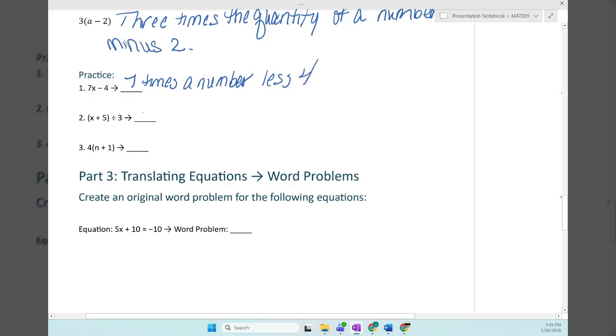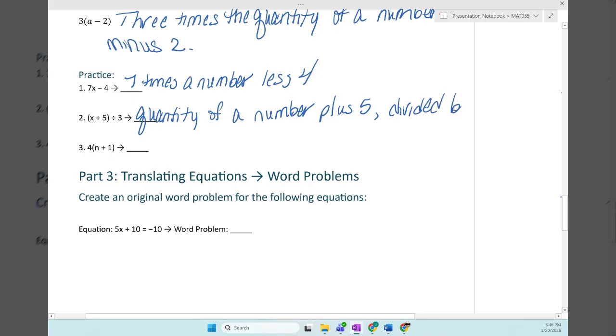Maybe I would say this one, the quantity of a number plus 5 divided by 3.